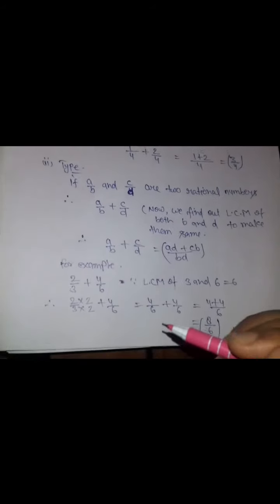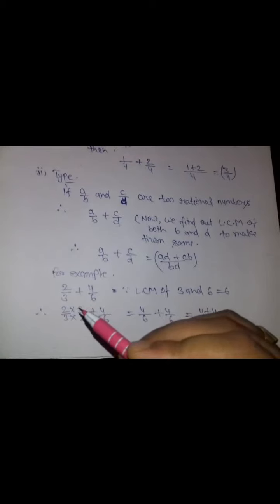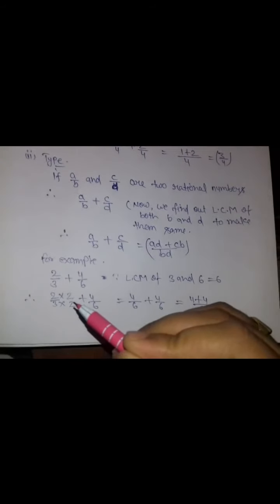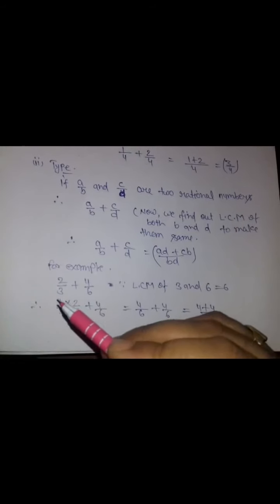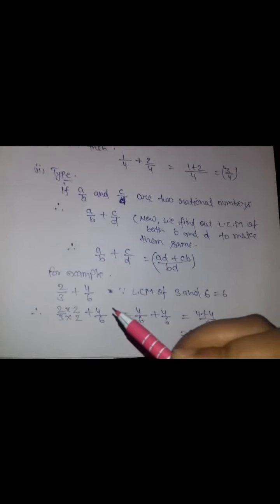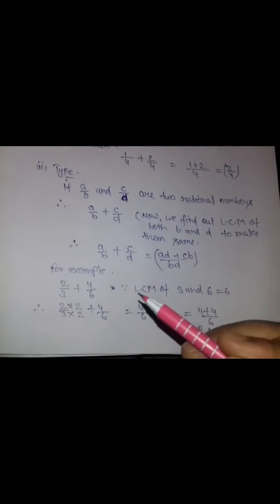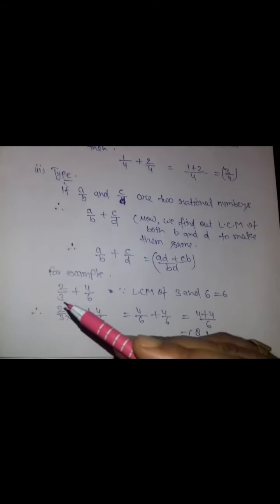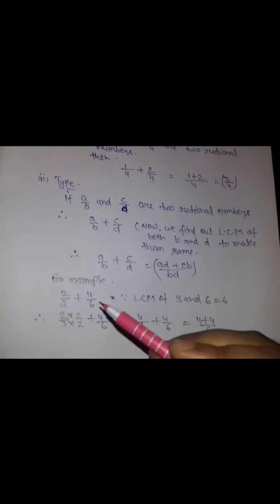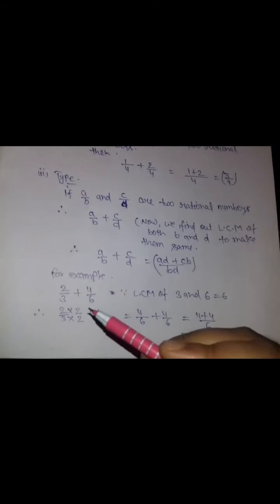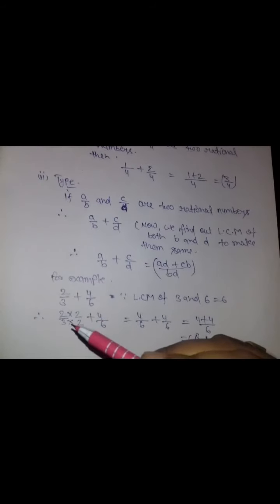For example, take rational numbers like 2 by 3 plus 4 by 6. As per the process, we find the LCM of 3 and 6. It will be 6. Then we have to make both denominators the same. 6 is the LCM.